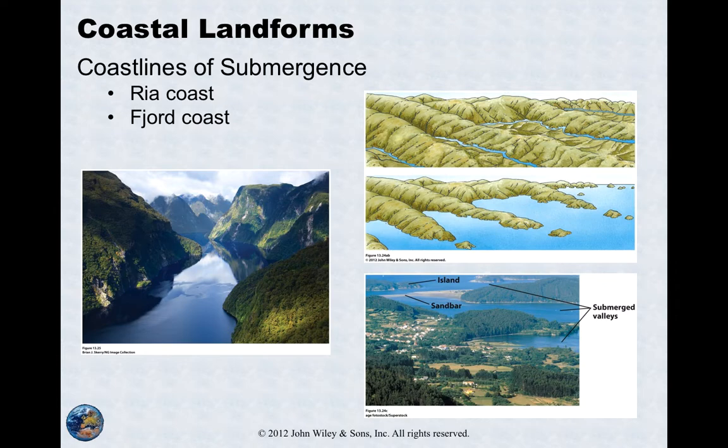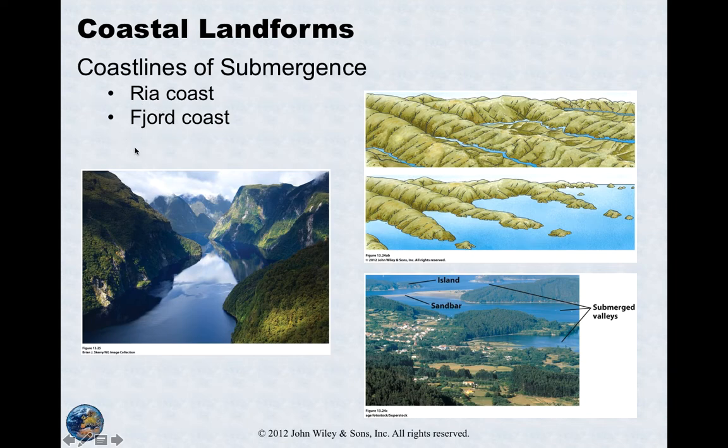So the Ria Coast is where you have a river inlet or outlet and the ocean, and there's really no sediment or depositional landform that you can see. It basically is just like a seamless movement from the channel to the ocean. So if you were riding along the river here, you wouldn't even notice as you suddenly got pushed out into open ocean. There wouldn't be a landform there.